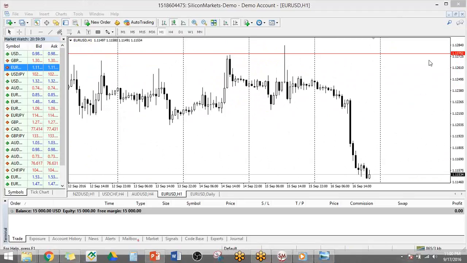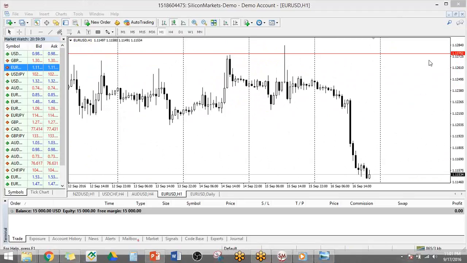There's no dealing desk. It's called the dealing desk for market maker accounts. For a dealing desk, the trade goes to the broker first and then the broker sends it to the liquidity provider. So the accounts that you should look out for are mainly ECN accounts, and the second one is STP accounts, straight through processing. Those are the ideal accounts that you should take so that you can avoid market maker accounts.